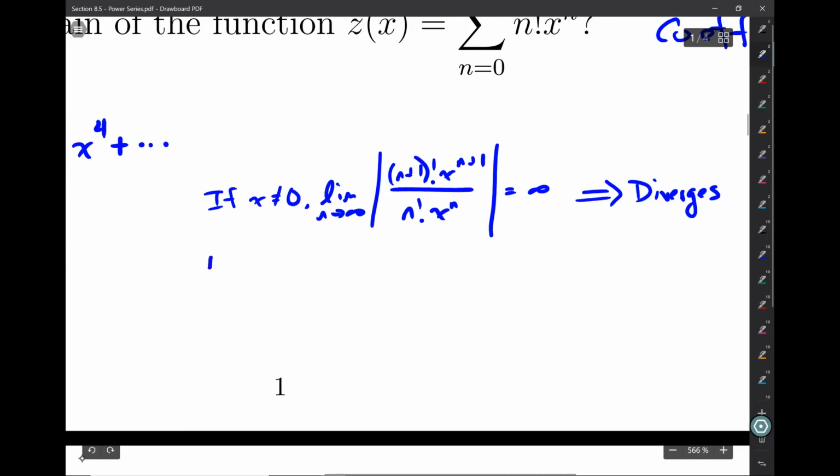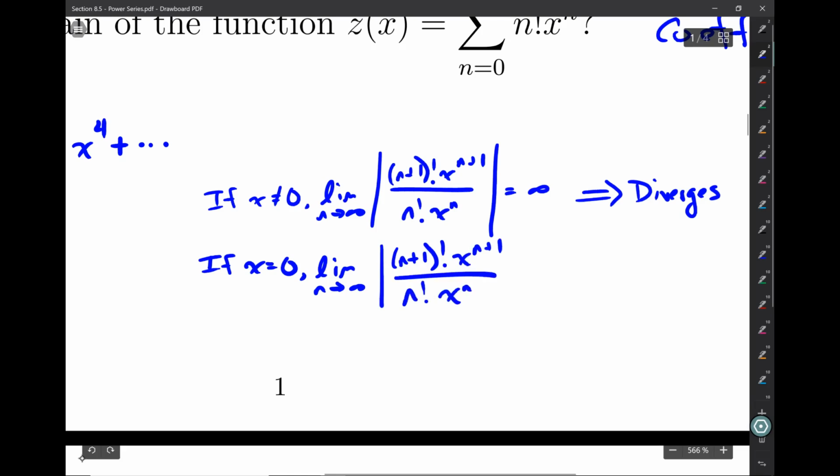However, if x actually is 0, then the limit, as n approaches infinity, of the absolute value of n plus 1 factorial x to the n plus 1 over n factorial x to the n, this is actually 0, which is less than 1.